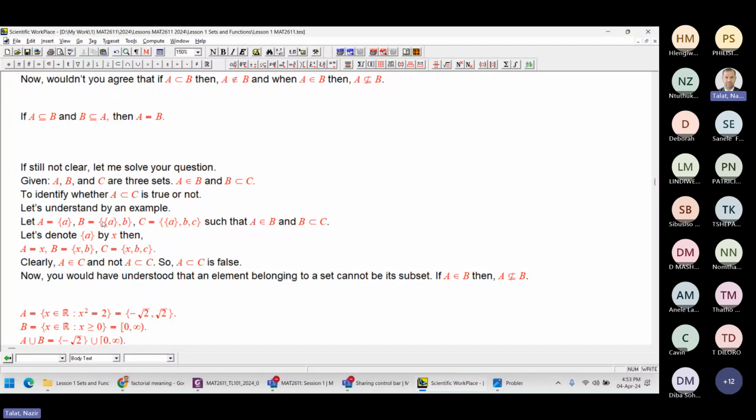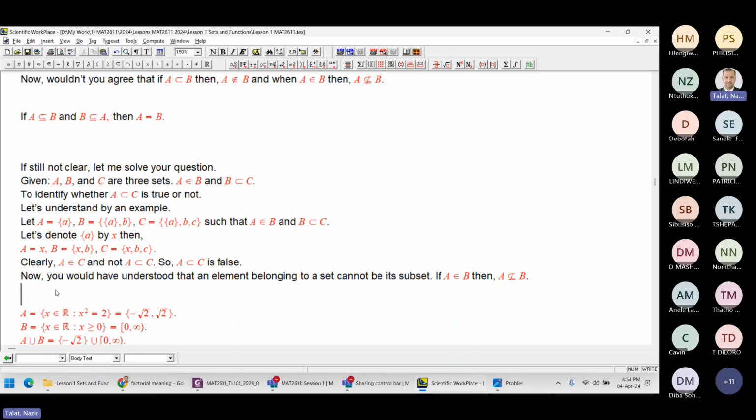If A is equal to X, then it means A belongs to B. Also, A belongs to C. And subset is something else, like A is not a subset of B and A is not a subset of C in that case.